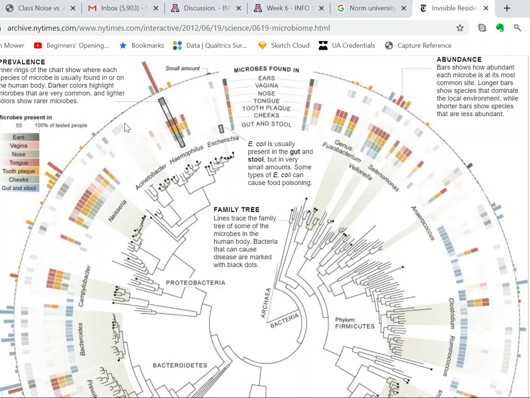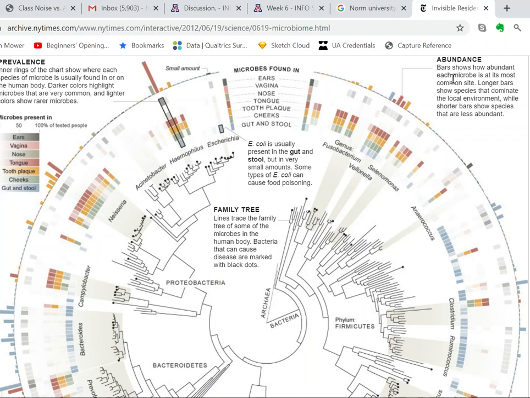Those different shades indicate the bacteria presence in what percentage of tested people. As you can see, many people have this bacteria in their ears, and this bacteria only appears in a smaller number of people. And in the outer layer, those bars are abundance.